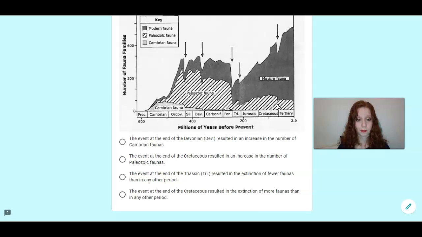Third answer choice. The event at the end of the Triassic resulted in the extinction of fewer faunus than any other period.